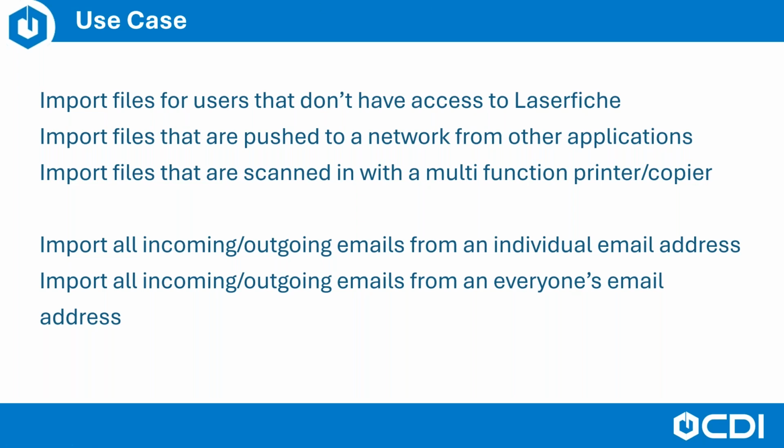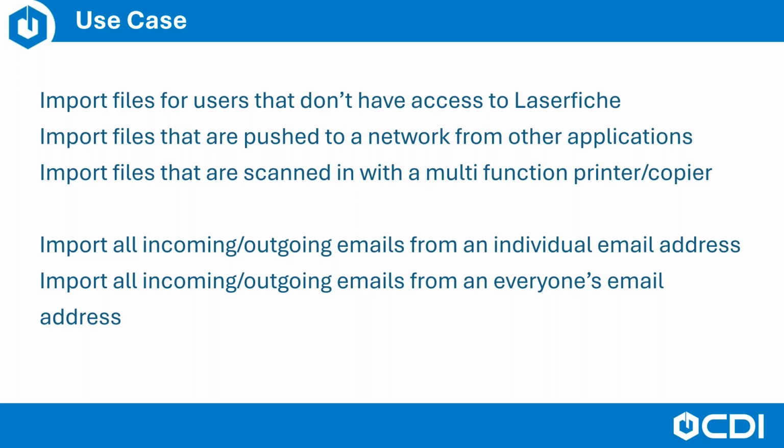And then another popular use case is that Import Agent also has an email archiving function. What that means is at the server level or at the Exchange level, depending on what type of email you have, but at that main top level, Laserfiche Import Agent can be set up to monitor all incoming and outgoing emails from a specific email address.